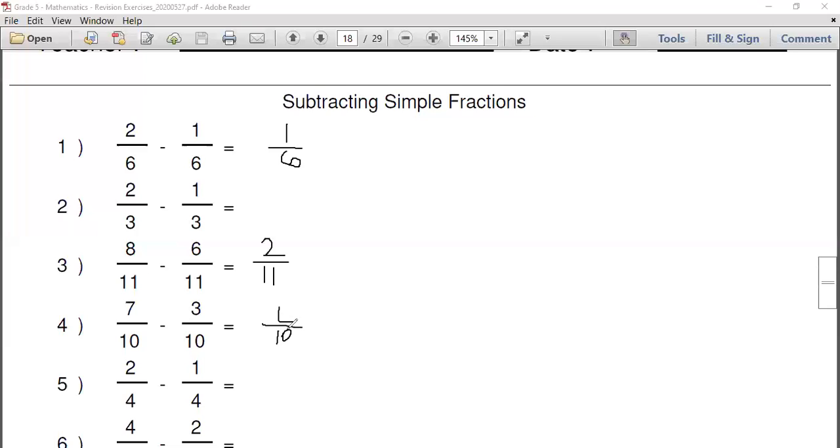Okay, good. Now, look at this. Do you think this is in its simplest form? Nope. Okay, so what are the factors of 4? What numbers can go equally into 4? 2. 2 can go equally into 4, but there's 2 more.